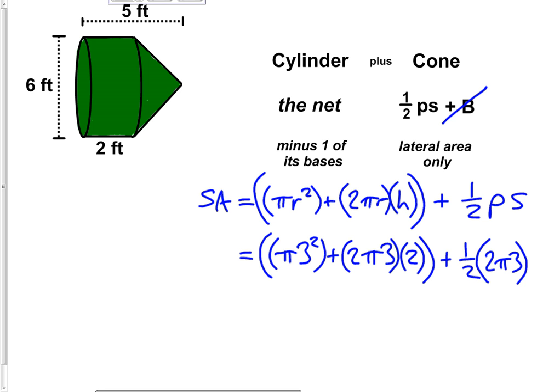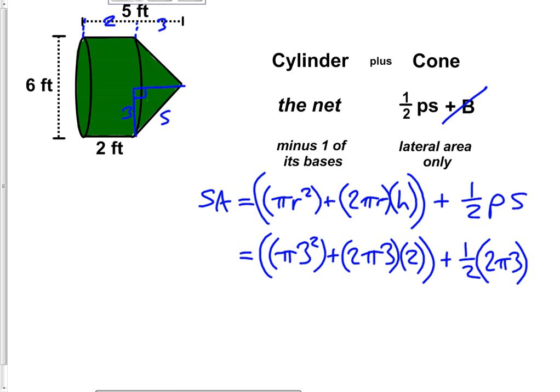Okay, well, that one's not marked for us in the picture. But basically, there it is in there. We need the slant height. We know for a fact that the radius is 3. If we could find the height of this cone, that would set us up for the Pythagorean theorem. So let's see what we know. All right, well, on this measurement up here, 5 feet, 2 of the feet are used up by the height of the cylinder.